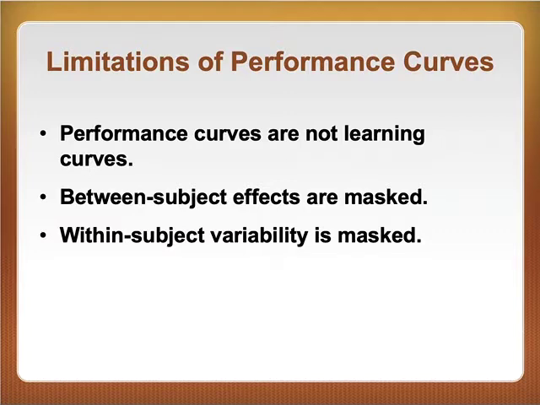Now, there can be some between-subjects effects that mask performance curves, which means different people will improve at different rates. So it's hard to tell if the skill you're teaching worked well or not. Also, within-subject variability is masked as well. From time to time, a person may have a good day and do really well and then drop back down to not doing as well again.